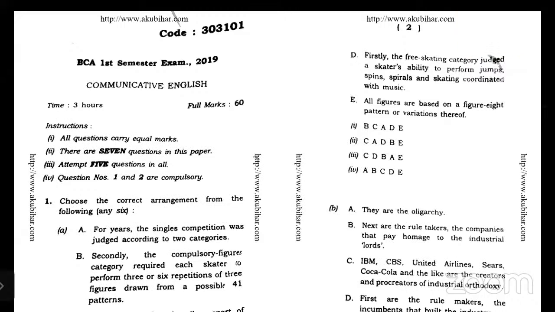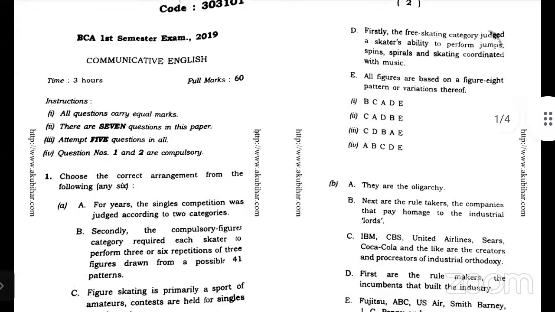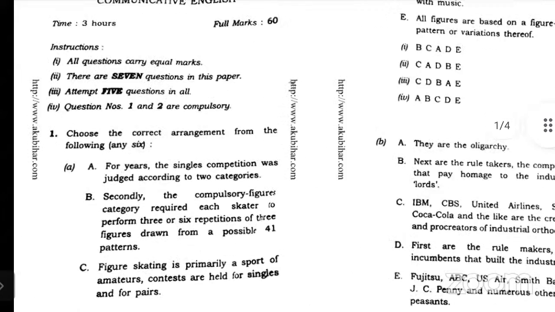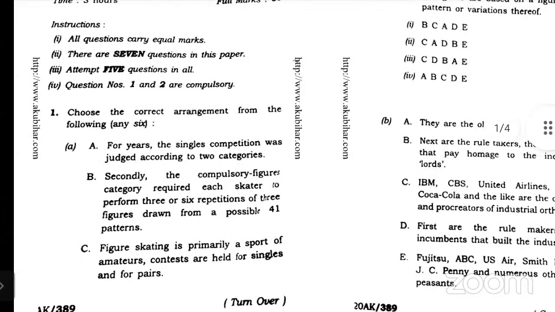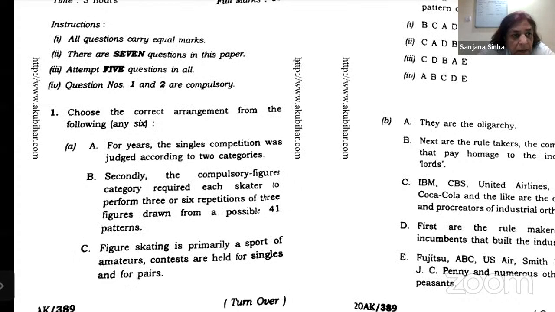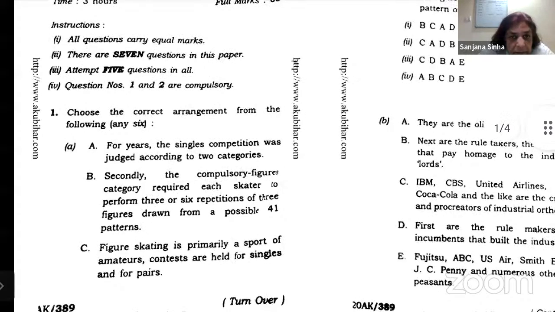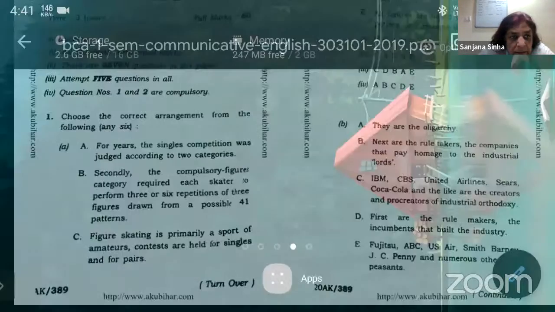It's a 2019 paper. Choose the correct arrangement from the following. Okay. Ma'am, I think it was already done. Okay, so we are going with the 2017 paper.